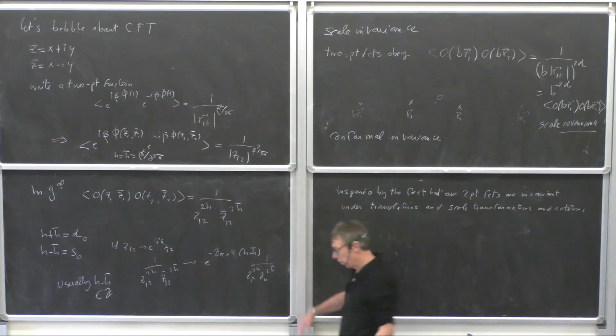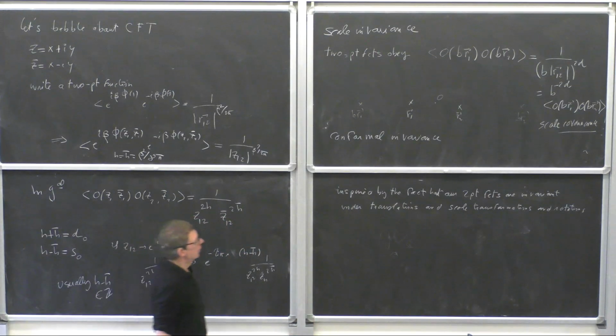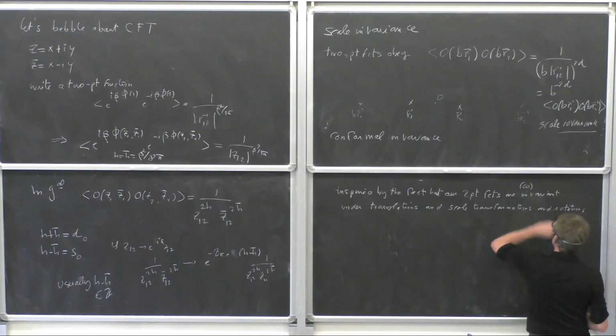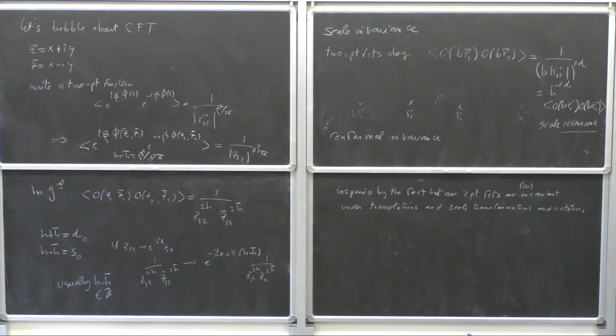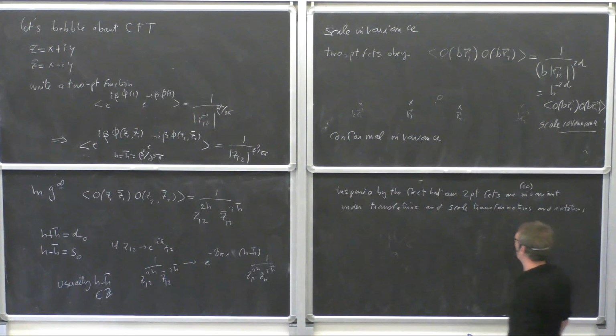Global ones. The conformal invariance is essentially a guess that these 2-point functions may be really covariant under general transformations, which are only equivalent locally to these, and these are conformal transformations.